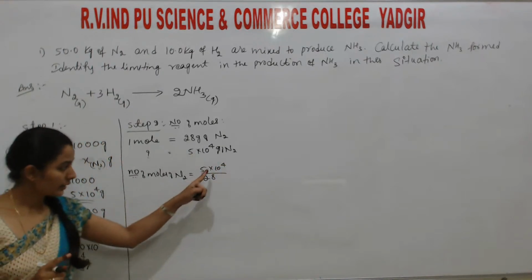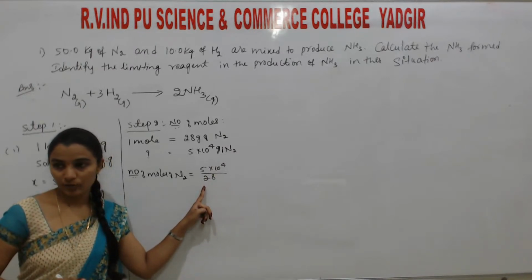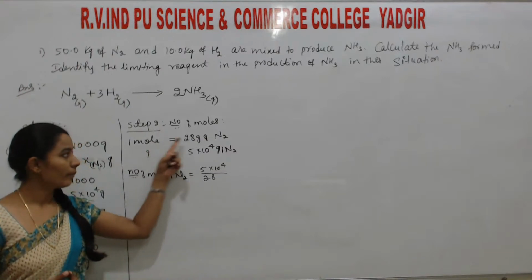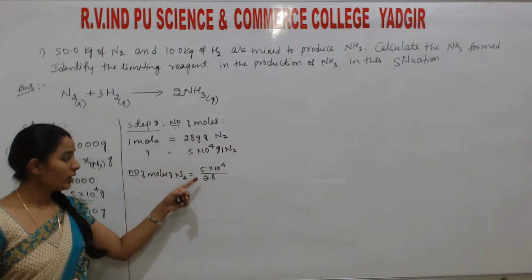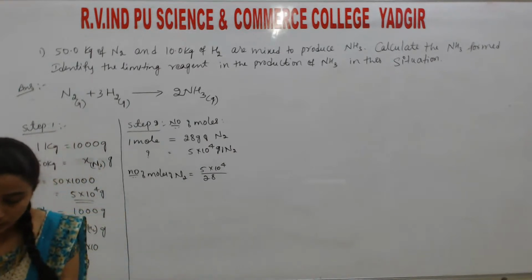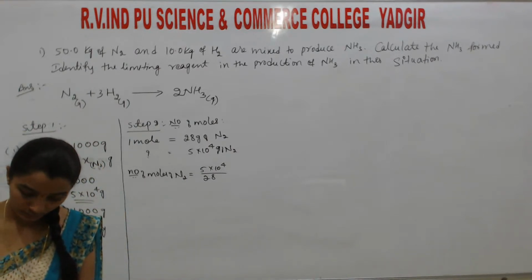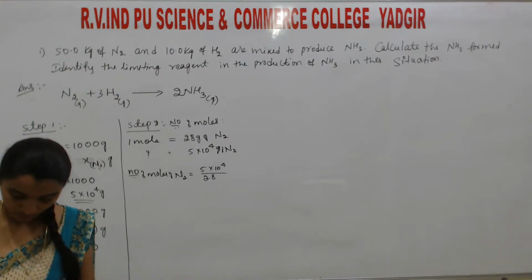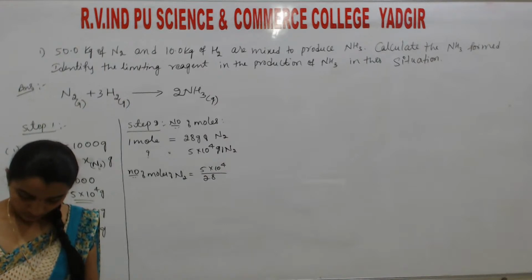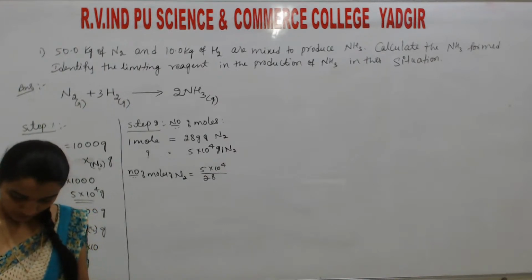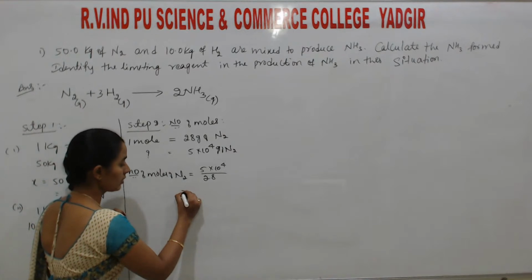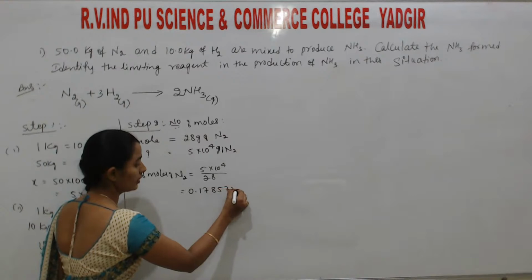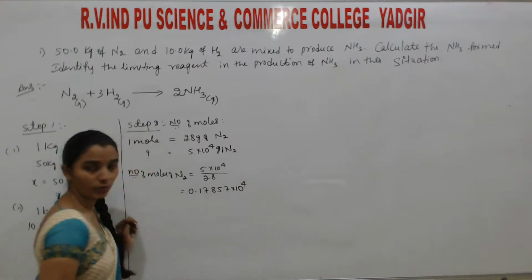Listen, given mass divided by atomic mass or molecular mass, that is the formula I said. This formula is obtained by comparing these equations. If you do 5 divided by 28, you will get 0.17857 into 10 to the power of 4.